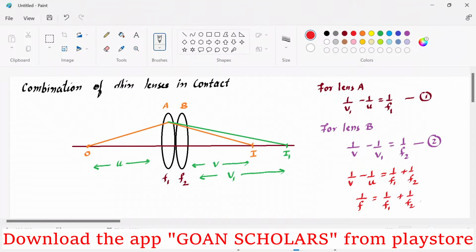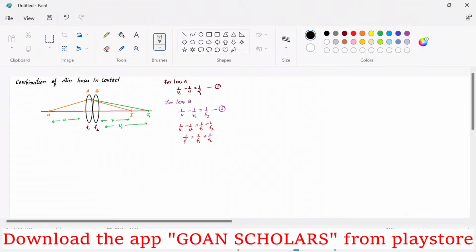Now what we have learnt as power. Power is the inverse of focal length. So here 1 by F is nothing but P, and the combined power of these two lenses will be the sum of the individual powers of these two lenses. Now if there are n thin lenses, n means any number of thin lenses, then the combined focal length expression can be written as 1 by F equals 1 by F1 plus 1 by F2 plus ... 1 by Fn.